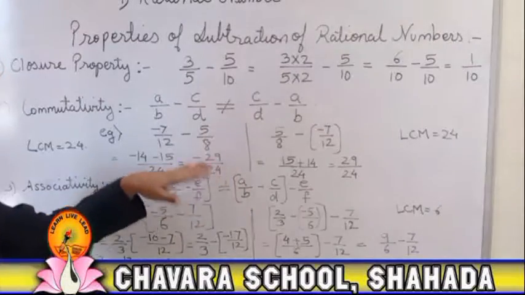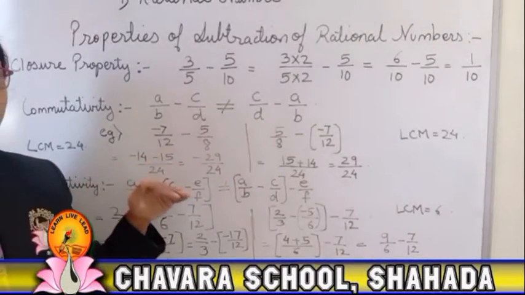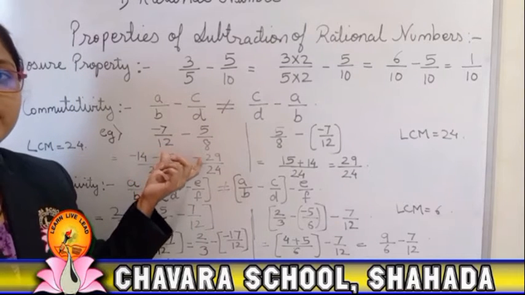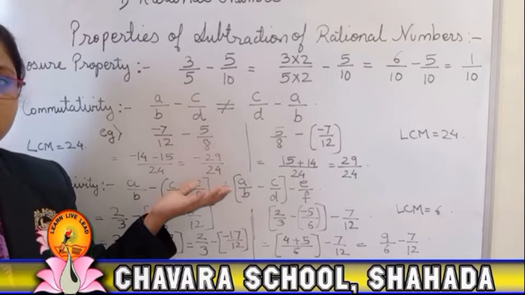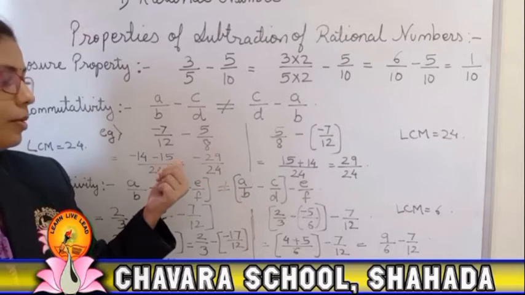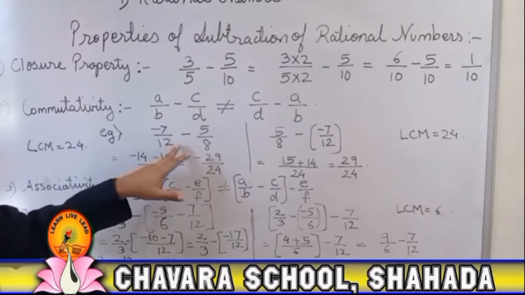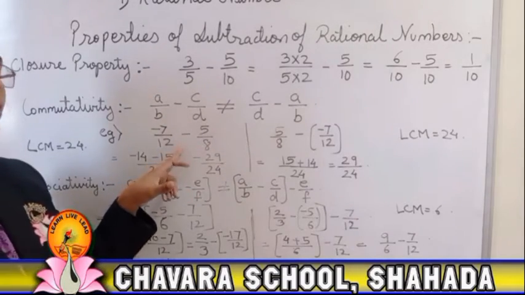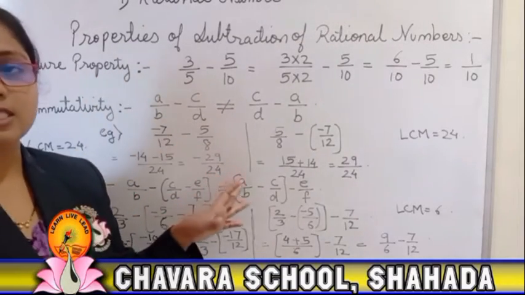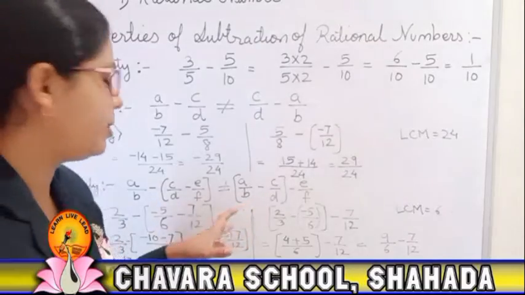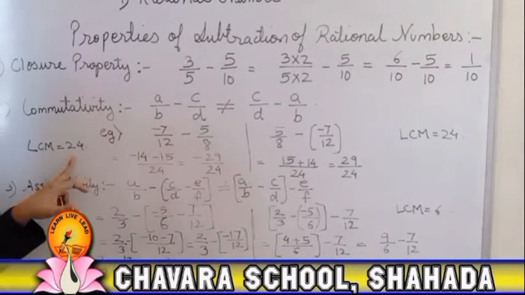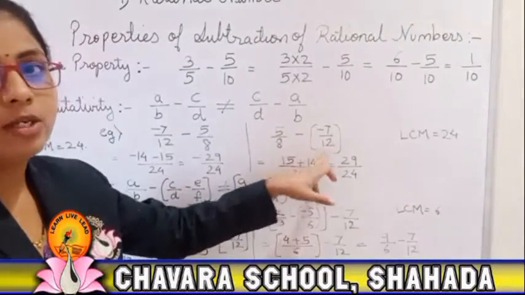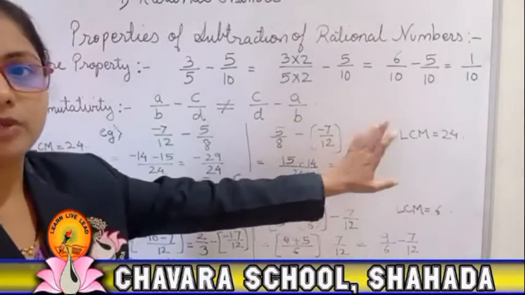First, our first criterion is to make the denominators equal, so that we can subtract properly. The denominators are 12 and 8. For this we should know the LCM. The LCM is 24. Here also you can see the denominators are 8 and 12, so the LCM will definitely be 24.